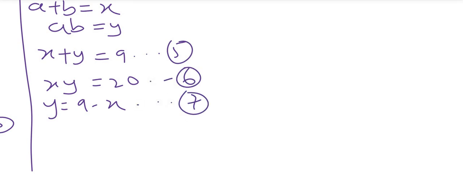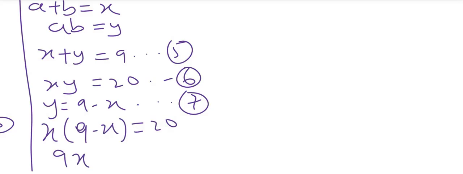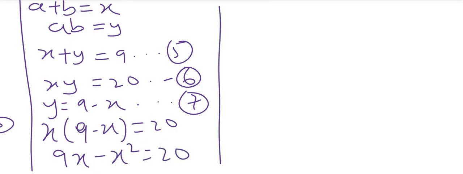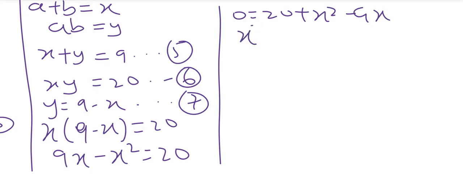I'm substituting equation 7 into 6. x multiplied by y, which is 9 minus x, equal 20. 9x minus x squared equal 20. So therefore, I have 0 equal 20 plus x squared minus 9x, which is the same thing as x squared minus 9x plus 20 equal 0.